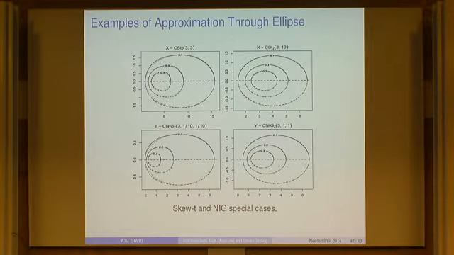Which one looks more elliptical? I think the dotted one is the true one and the dashed one is the elliptical approximation. These are pretty skewed distributions. This one, the approximation is very good indeed, and this one here, this one perhaps less so, but the contours are near elliptical in this family.